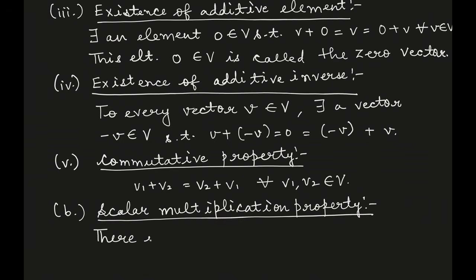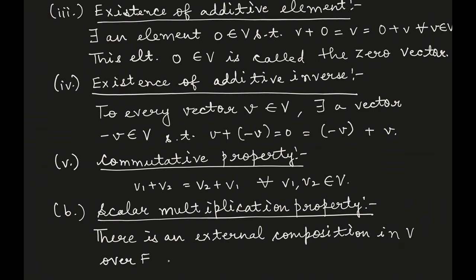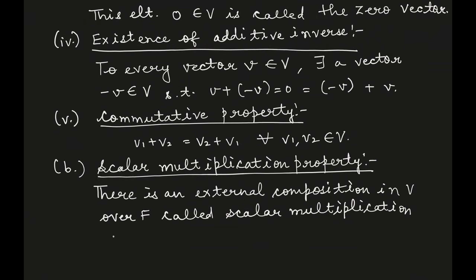There is an external composition in V over F called scalar multiplication, and is denoted multiplicatively.